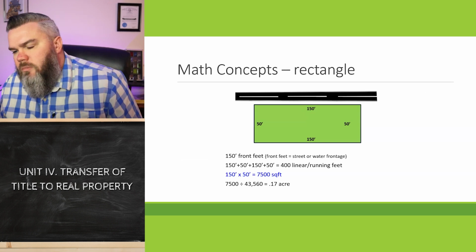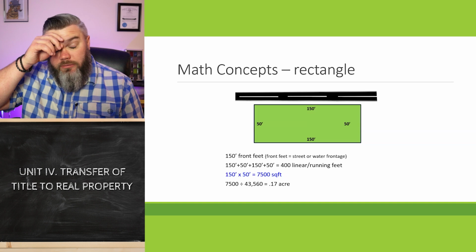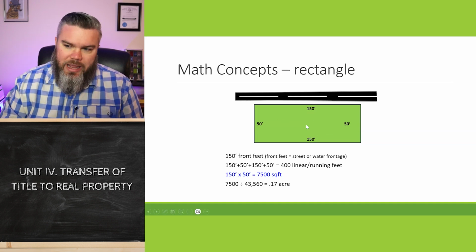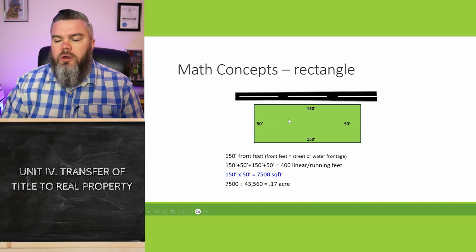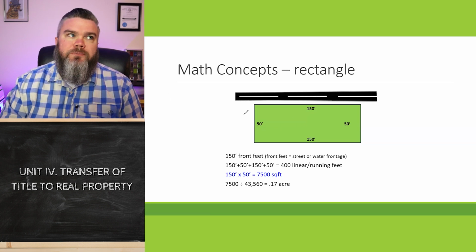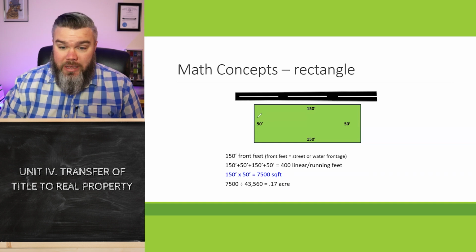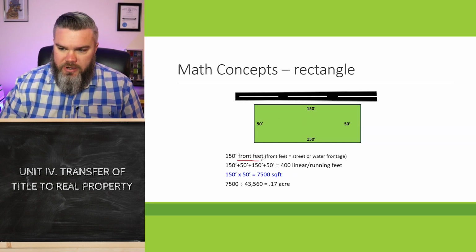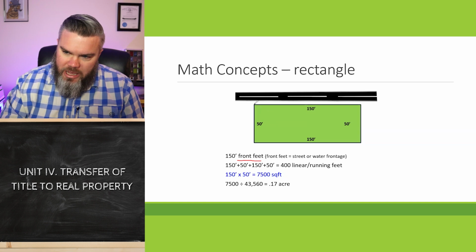Good question. So if you look at this parcel of land, folks, let's talk about a couple different aspects of this. This piece of land is running along a road. And why is that important? Because there is this very common concept in real estate called front feet. In other words, how many linear feet are running along the front of something?